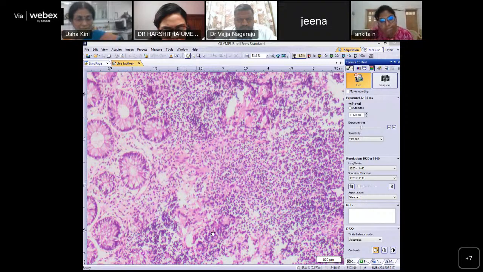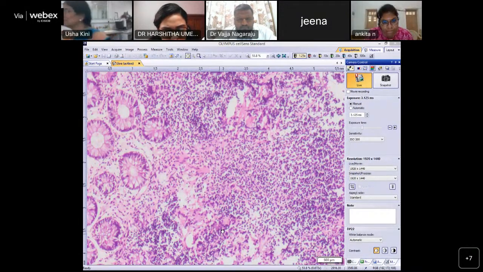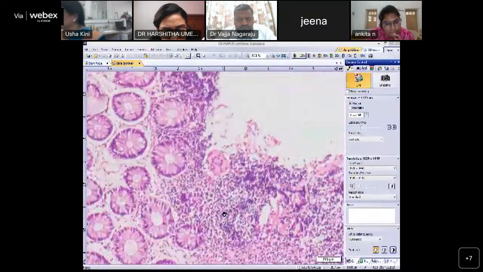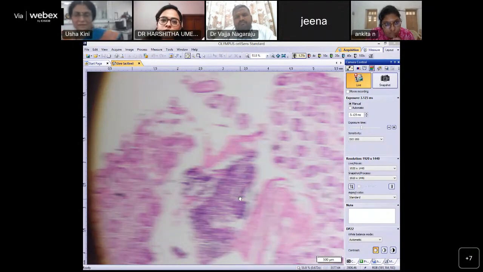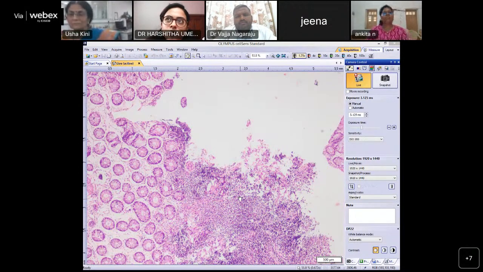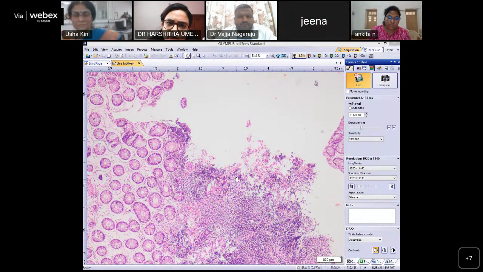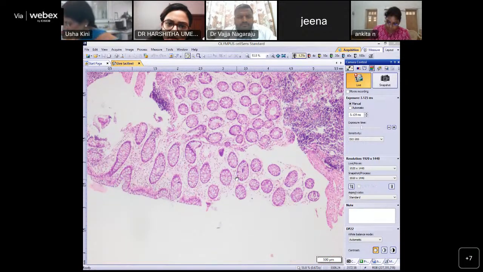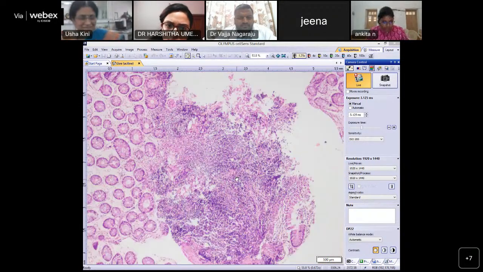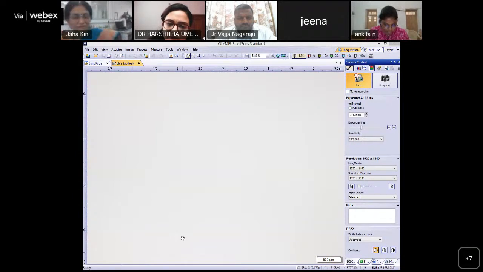Not very clear, but you see giant cells here, and there is a big multinucleate giant cell. So can you put things together and make a diagnosis in the clinical context? Crohn's disease. No, I don't want one-line answers. I told you pathology is not a one-line answer.